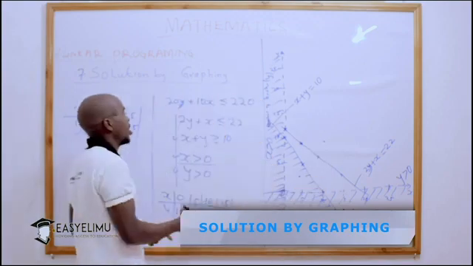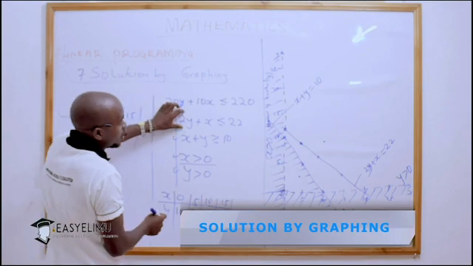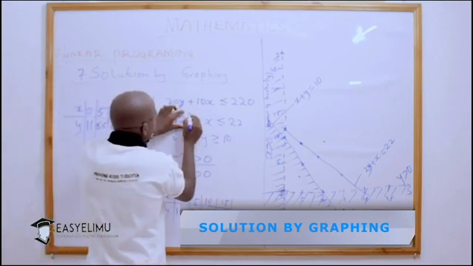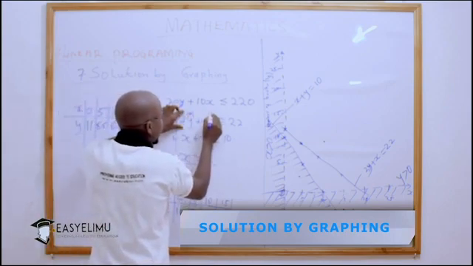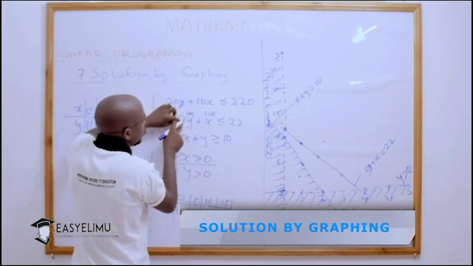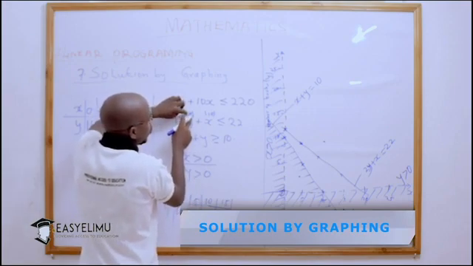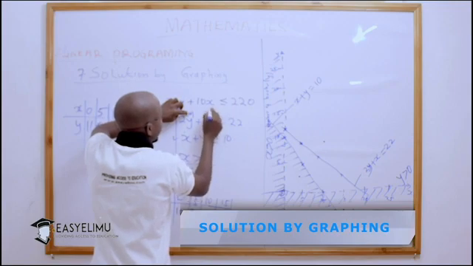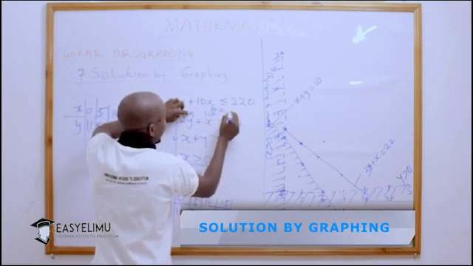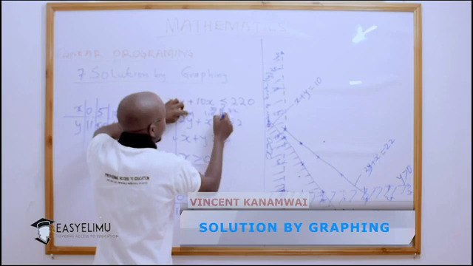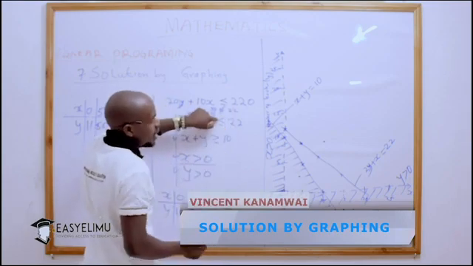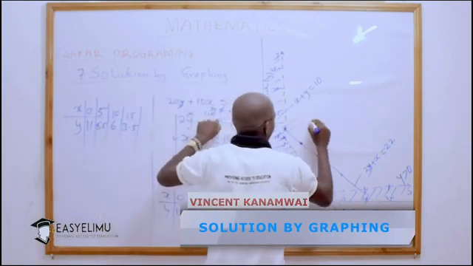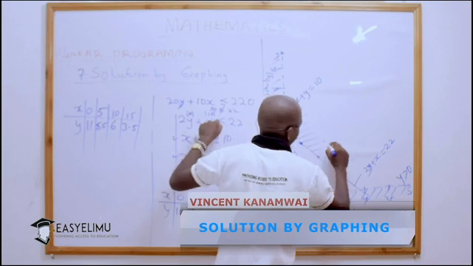We need to identify that point. We shall substitute where y is 10 and x is 10. So if we substitute, we find 2 by 10 is 20, 20 plus 10, you are getting 30, but 30 is not less than or equal to 22. This one is not true. So meaning the outward side is not true, so we need to shade the outward side.